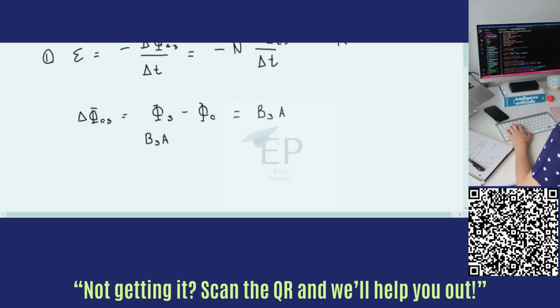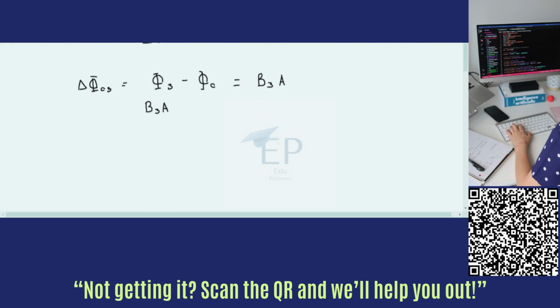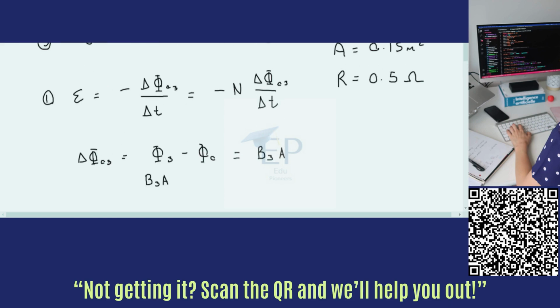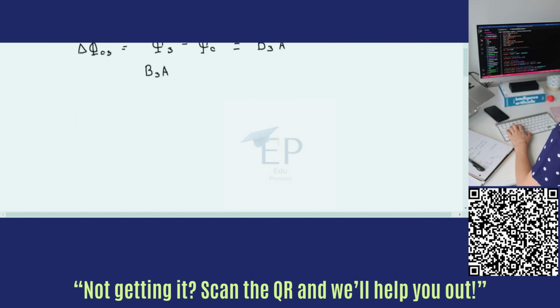So then our induced EMF from 0 to 3 seconds is just going to be minus n times B3 A over delta t, which is just 3 seconds.